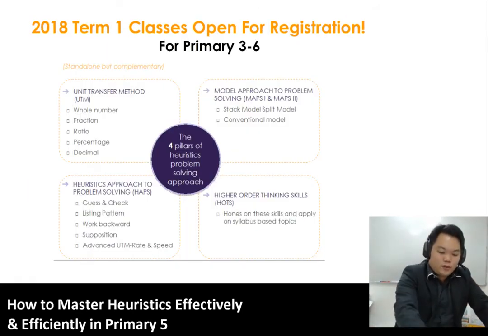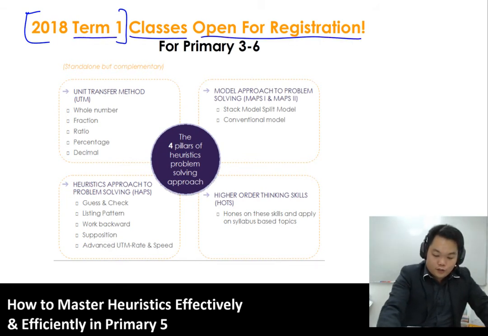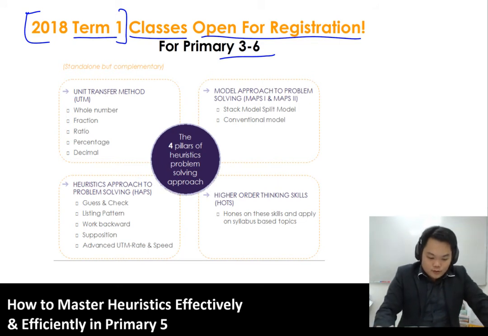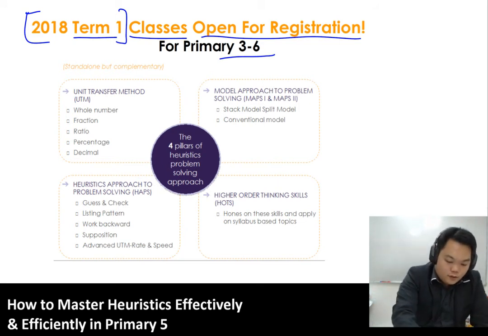For 2018, Term 1, classes are open for registration for Primary 3 to Primary 6. In the unit transfer method, we will be covering the 5 major topics: whole numbers, fractions, ratio, percentage, and decimals.